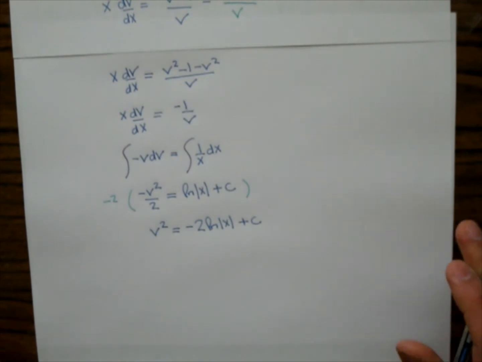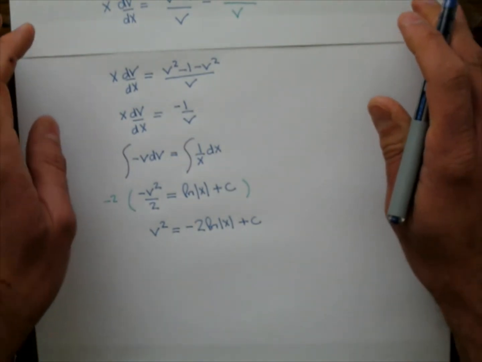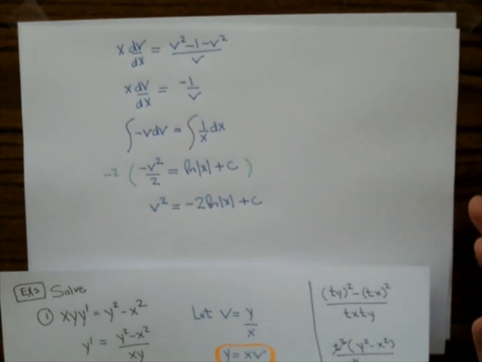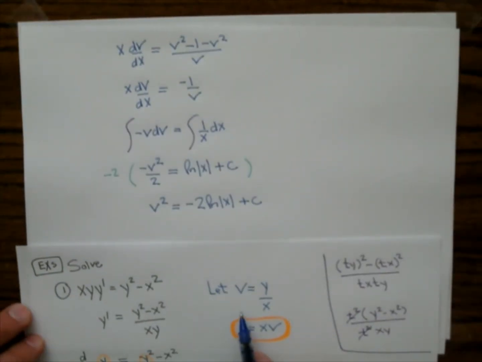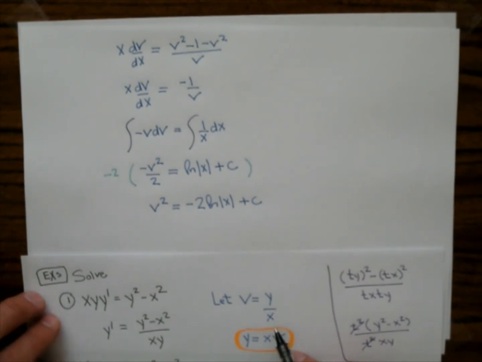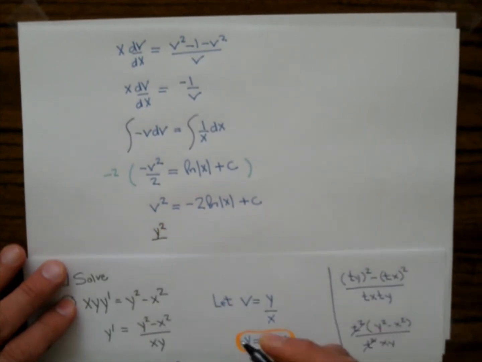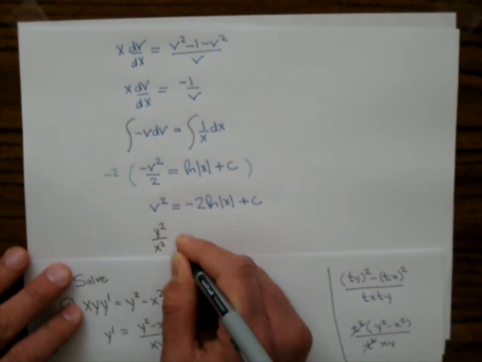Okay, now I think it's time perhaps to go back to my substitution. It says v equals y over x. So I'm going to go ahead and plug y over x into that v. So this is going to be y squared over x squared.